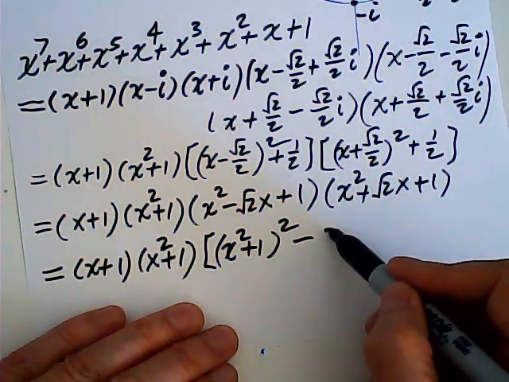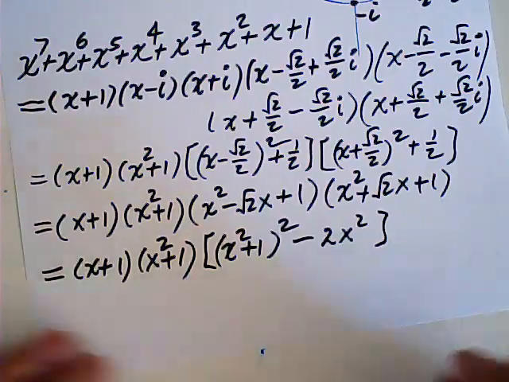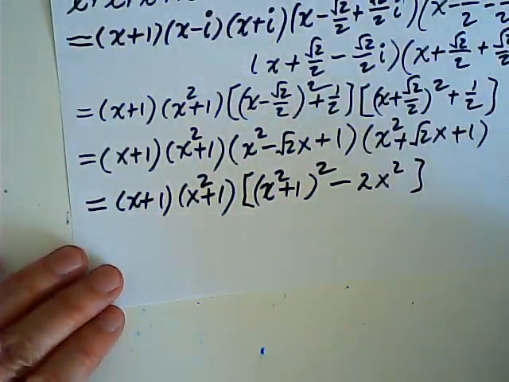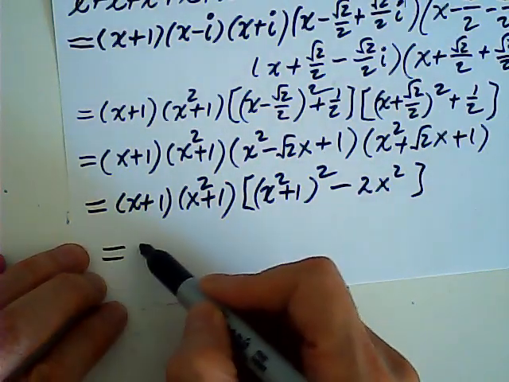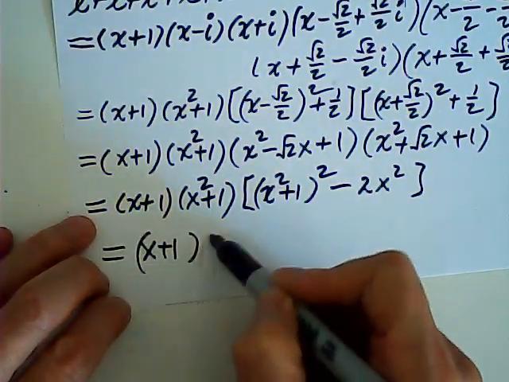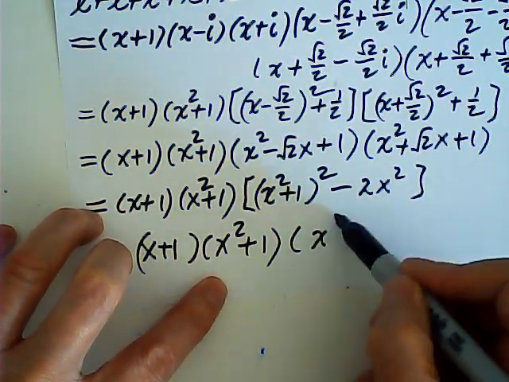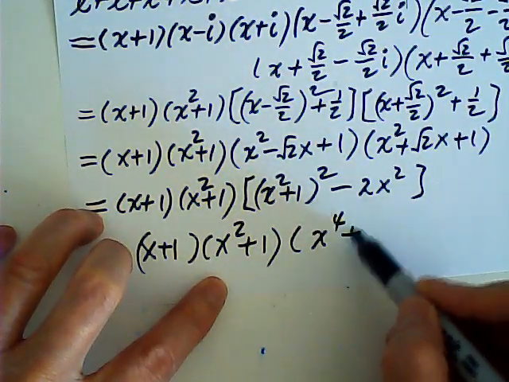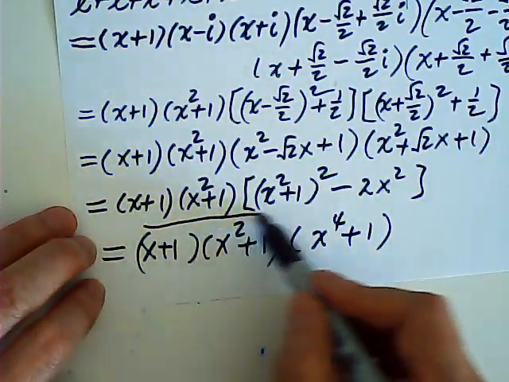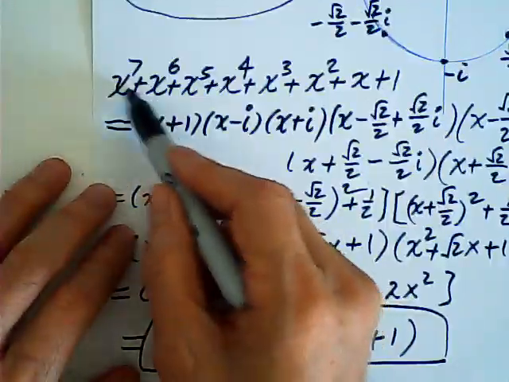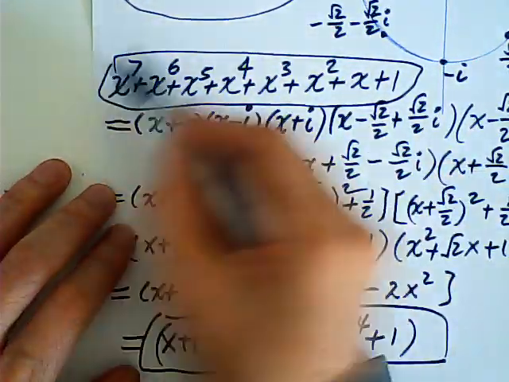This becomes 2x squared. Yeah. Okay. Then this is equal to x plus 1, x squared plus 1, and this will be x to the fourth plus 1. So that is the factors of our polynomial.